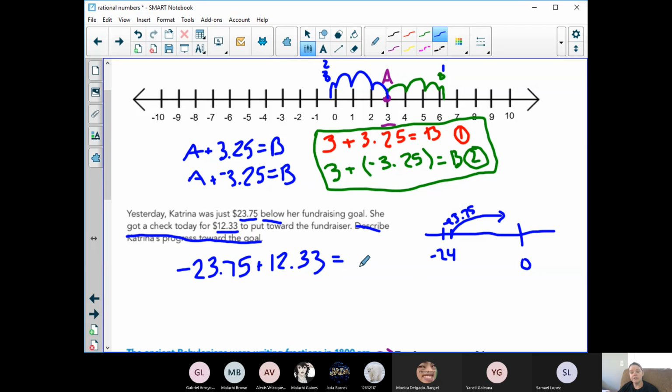Is my answer going to be negative or positive? Let's look at what's bigger, negative 23 or positive 12. Which one's bigger, negative 23 or positive 12?